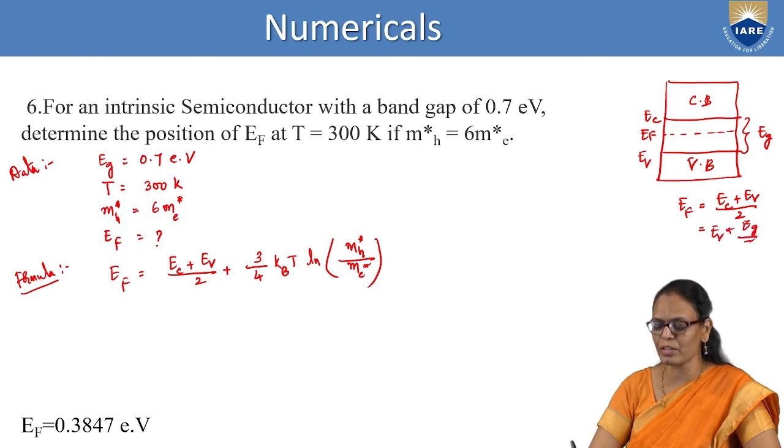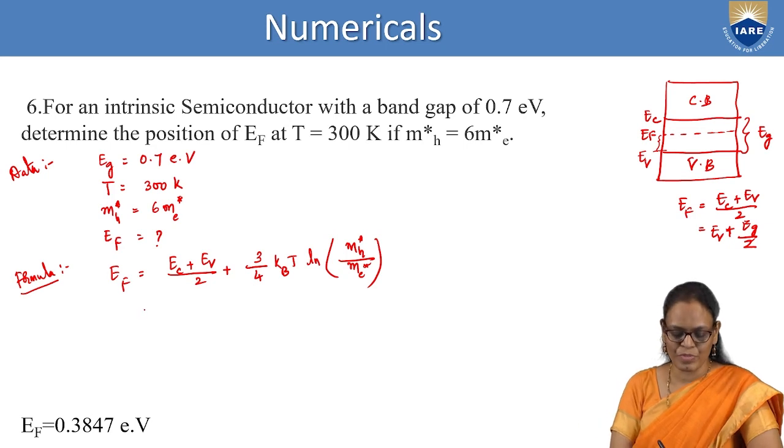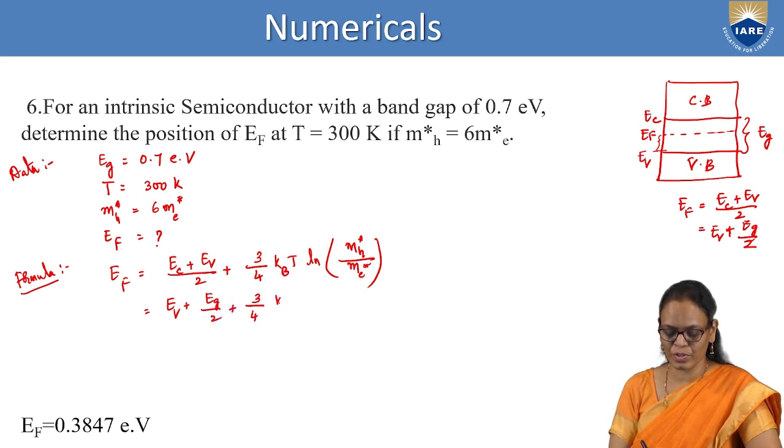If I have to locate the position, above EV you have EG and half of it. So this is EV and this is EG by 2. So EV plus EG by 2. So we will write it as EV plus EG by 2 plus 3 by 4 kBT ln (mH is 6 times Me star).